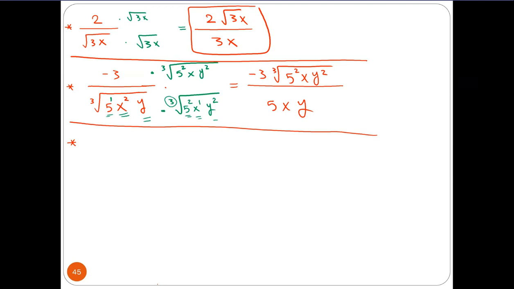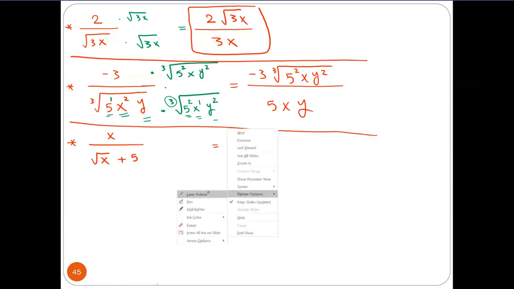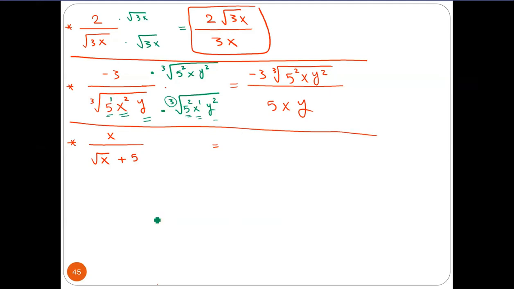Sometimes we have two radical. For example, we have x over radical x plus 5 مثلا بهذا الشكل. بدنا نشيل الراديكال in denominators. What's the conjugate?